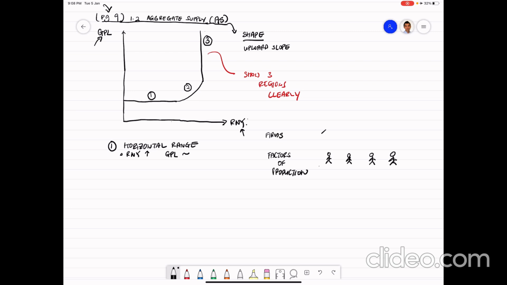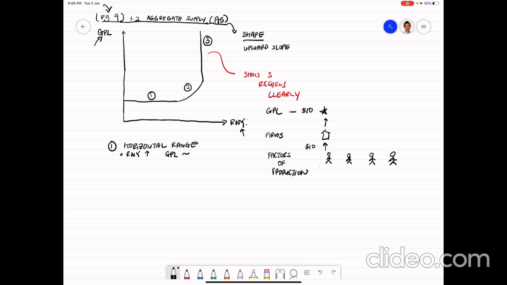Let's say I have one firm that's currently producing for me. The firm hires the worker for, let's say, $10. The firm produces a good or a service. Let's say the firm produces a star, and then the firm has to charge for that star. Let's say the firm charges $10 for the star, so the general price level is $10. This is my starting point.